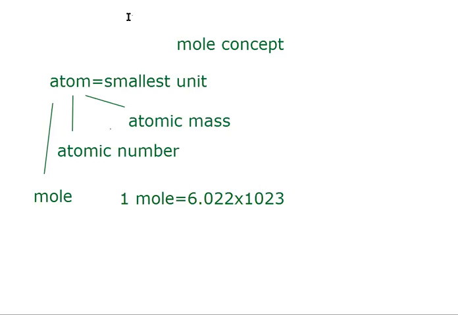That means if you are picturizing an atom, considering the mole concept, you can consider this as an atom, and this atom might consist of a number of particles you can imagine.